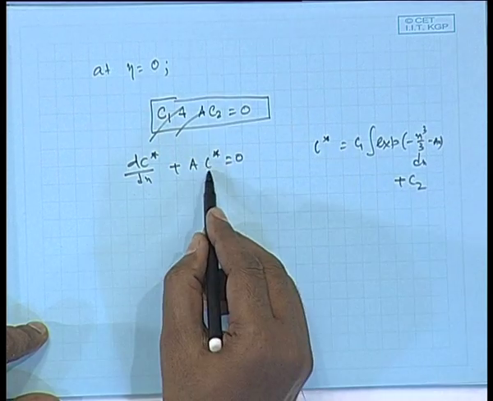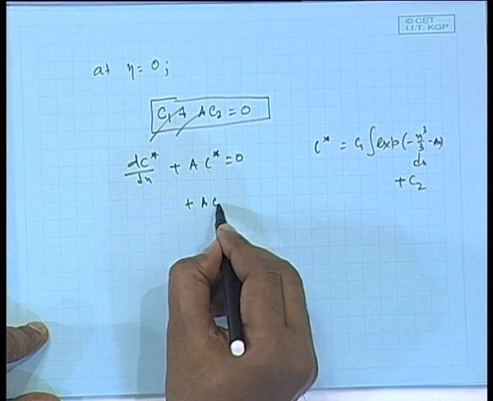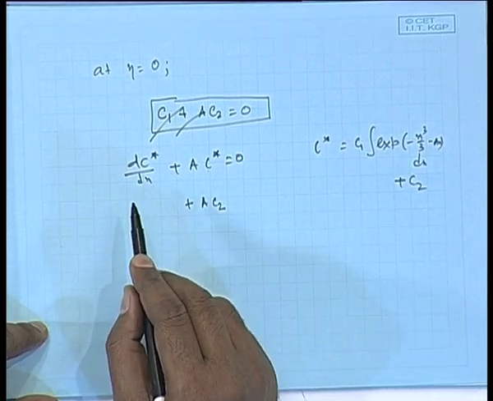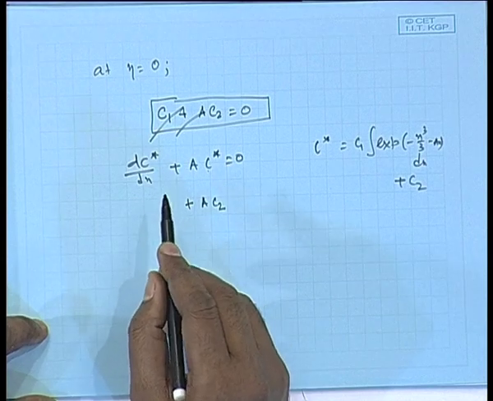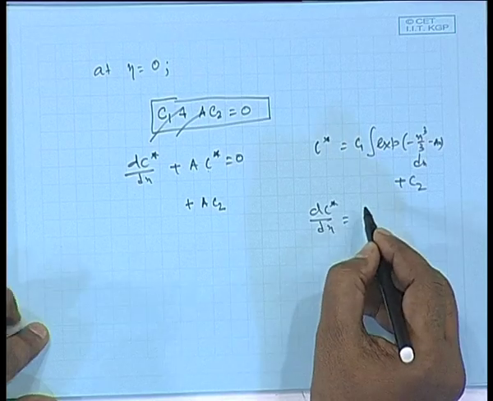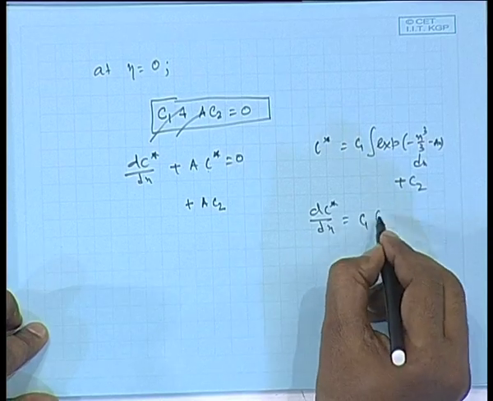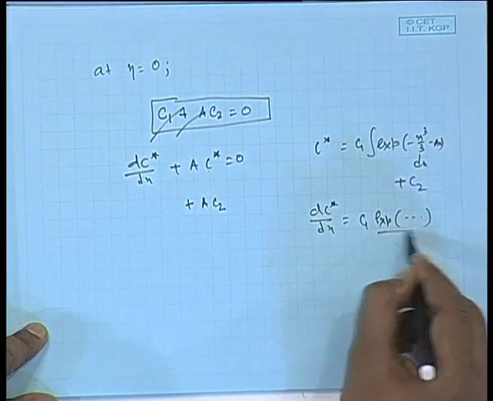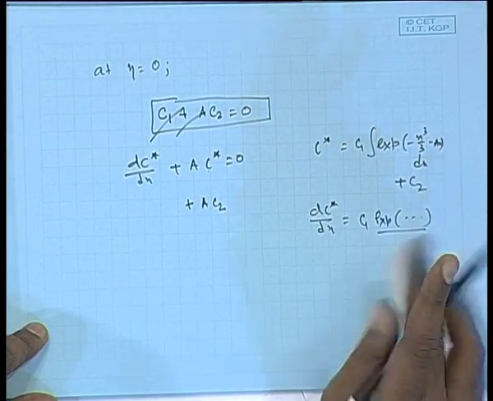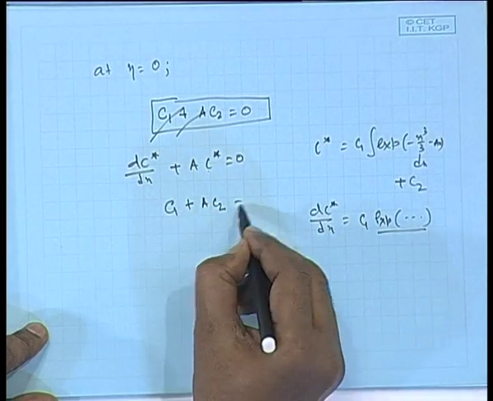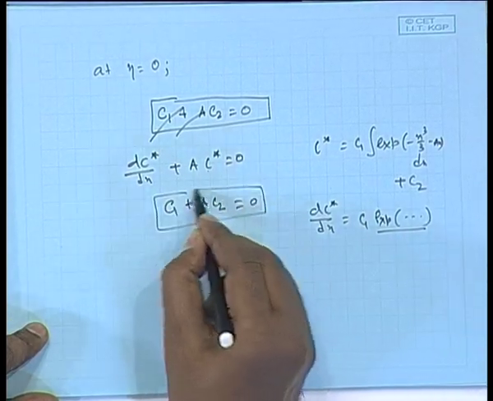What is dC star d eta? That is z, and it was C1 exponential function of eta. So, eta was 0, so the whole exponential will be 1. So, dC star d eta will be equal to C1. So, C1 plus AC2 is equal to 0.